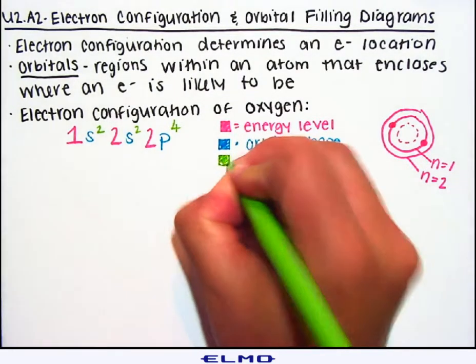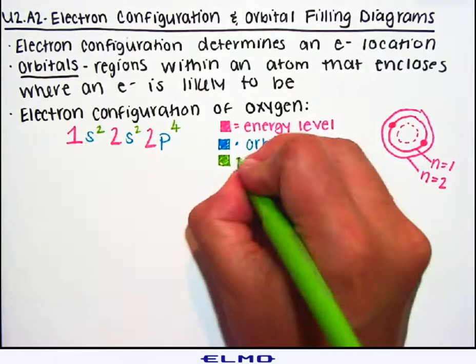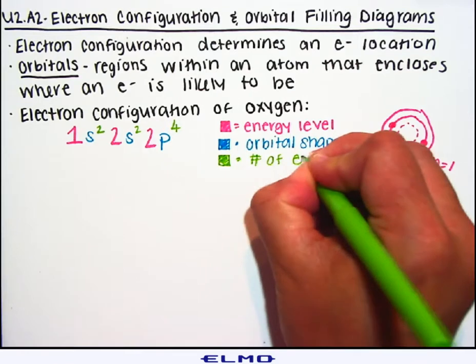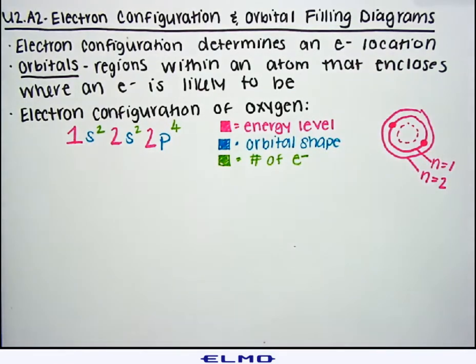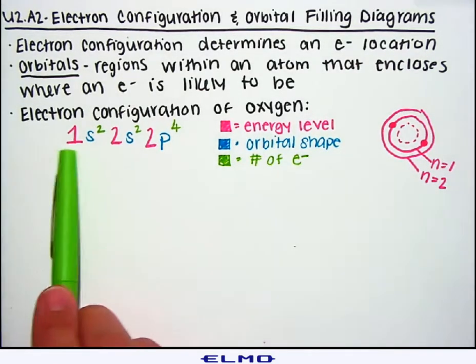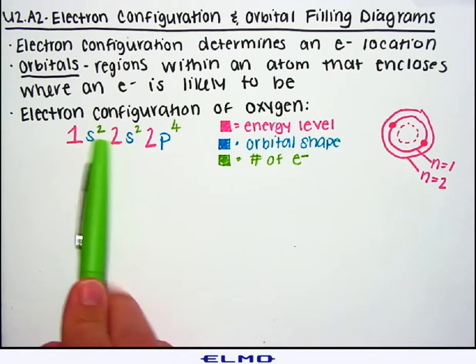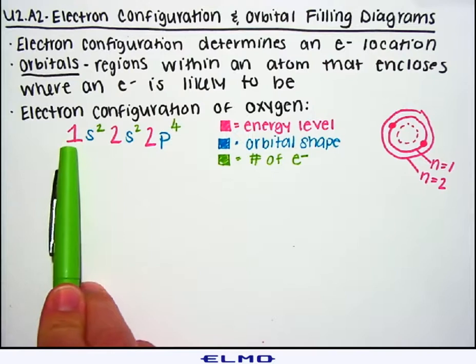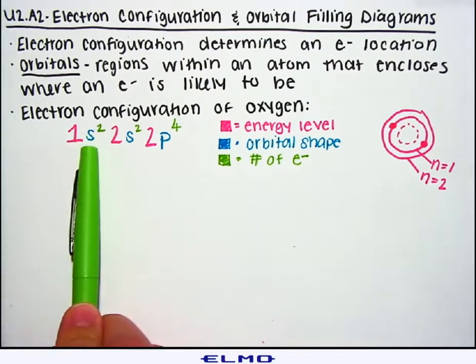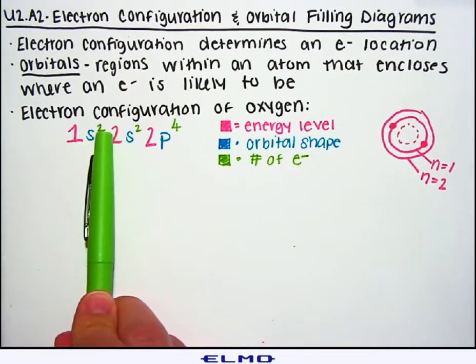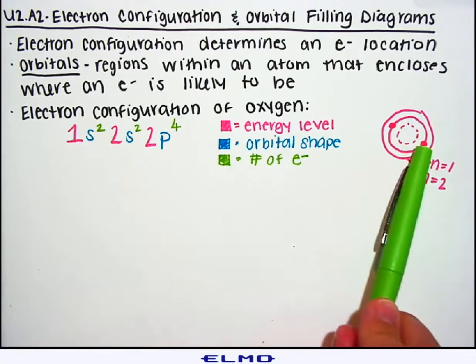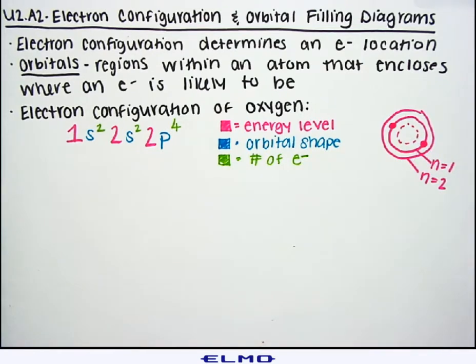Those superscripts in green represent the number of electrons. So looking at this 1s2, it means I have 2 electrons in an s orbital in the first energy level. So I know the shape of the orbital, I know how many electrons there are, and I know in what energy level they are. So I know they're in that first energy level closest to the nucleus.